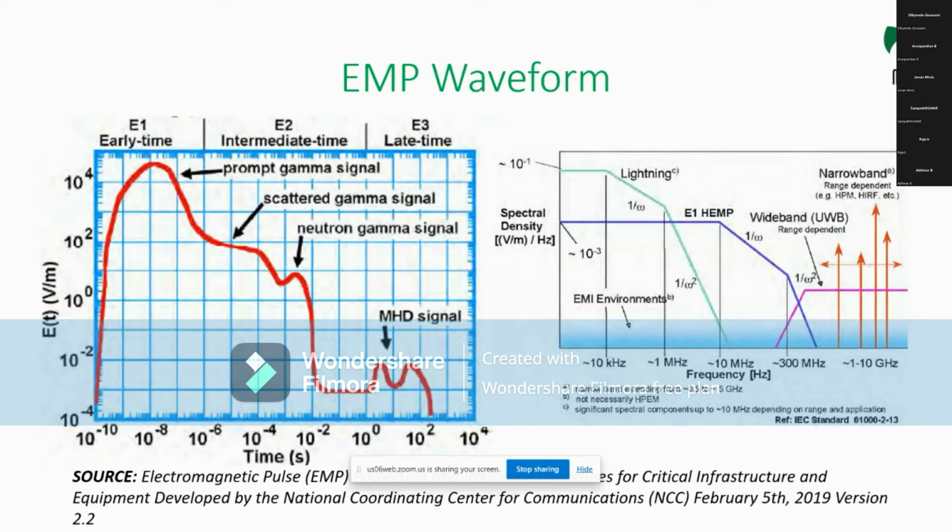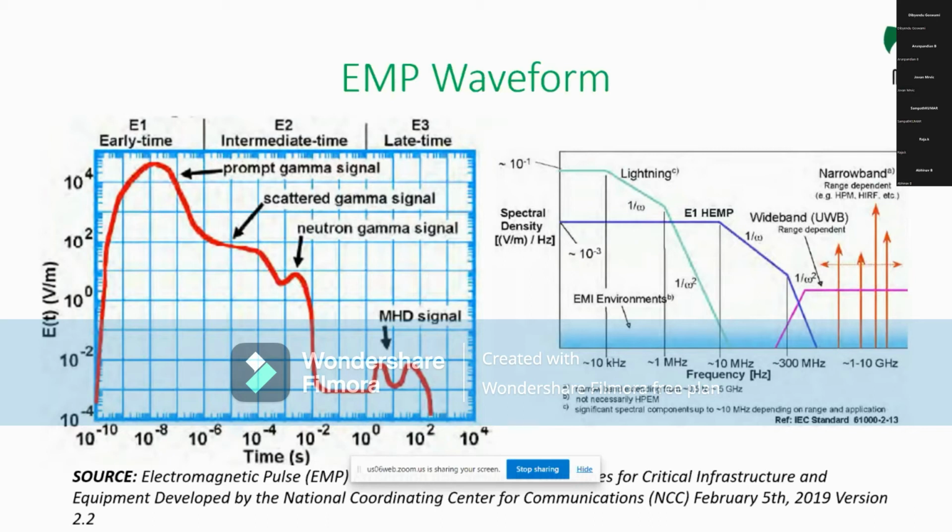When you go for E2 EMP, the approximate voltage gradient is around 200 to 10 volts per meter. This is somewhat lesser than E1. The approximate frequency is in the range of 1 hertz to 1 megahertz, and the duration is 1 microsecond to 1 second.